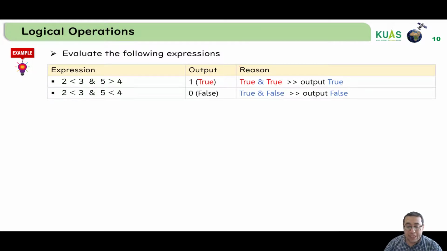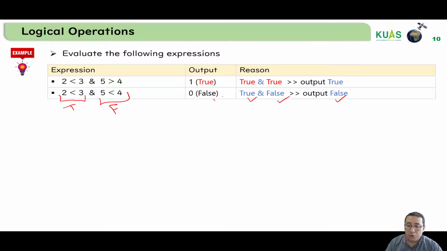In the second case, if we have 2 less than 3, this is the first condition, and this part is true. And 5 less than 4, that's false. If we have true and false, the output is false.